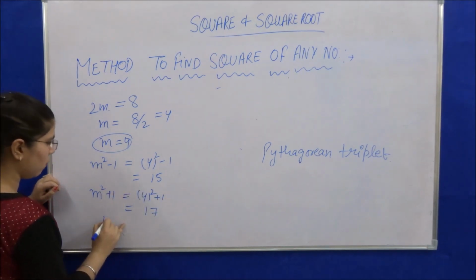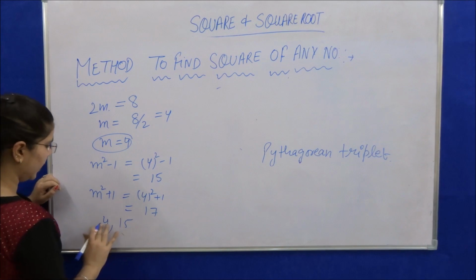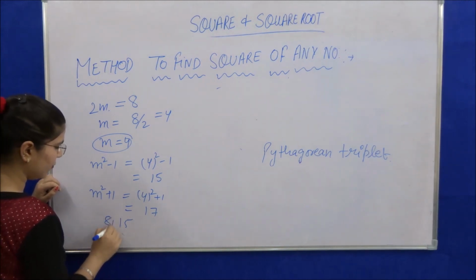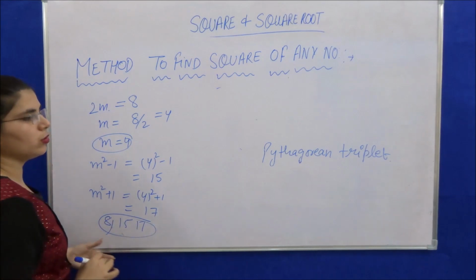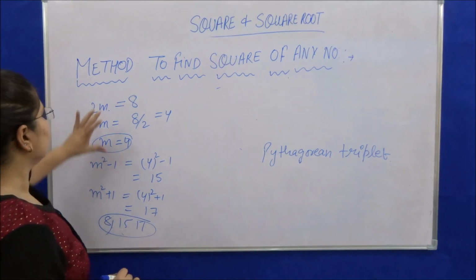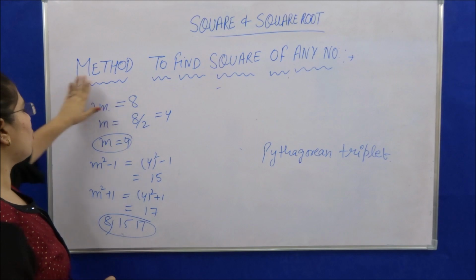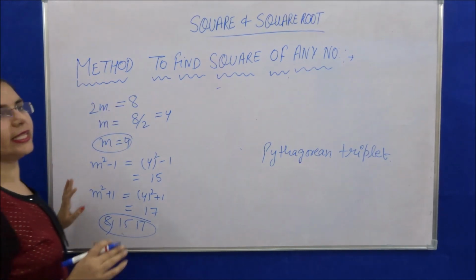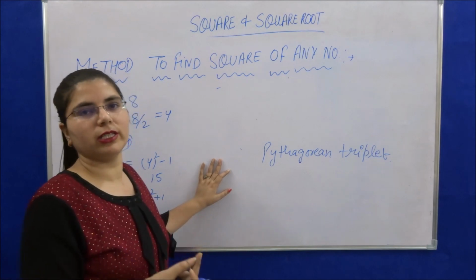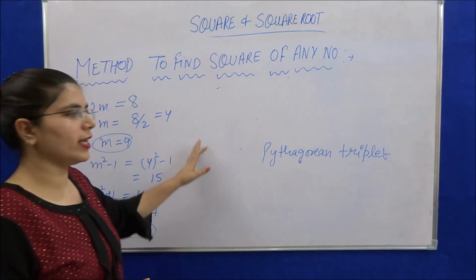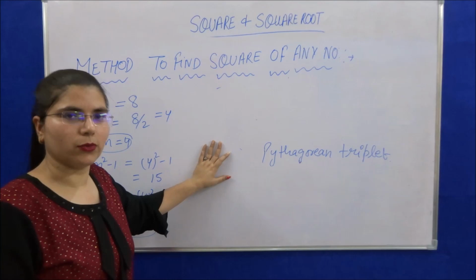So here 8, 15 and 17 are the three Pythagorean triplet. By using this formula, we can calculate the Pythagorean triplet if we know one of the three numbers. Then we can find the other two numbers also.